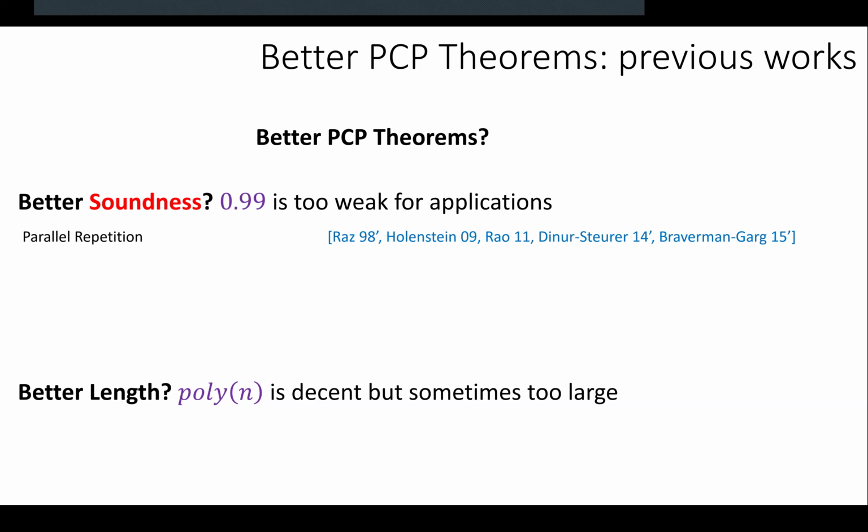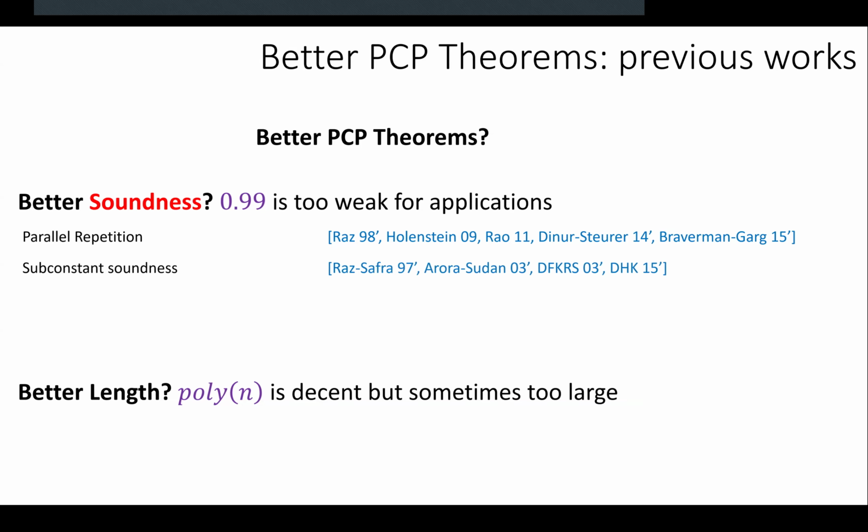And indeed, the parallel repetition technique, which is a result of Ran Raz from 98, is exactly a result that does that. Well, I'm going to say exactly what it does, but basically it allows you to amplify the soundness into any constant number. Like from 99%, you can get to 1% or 0.1%, but there is a catch.